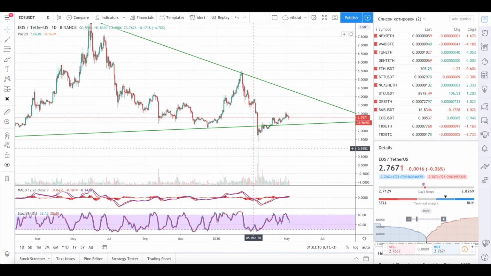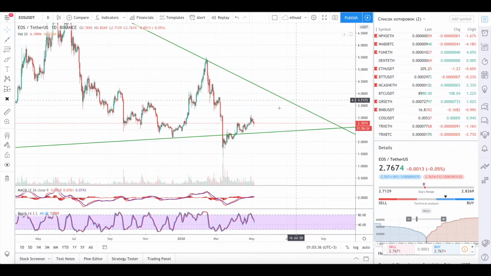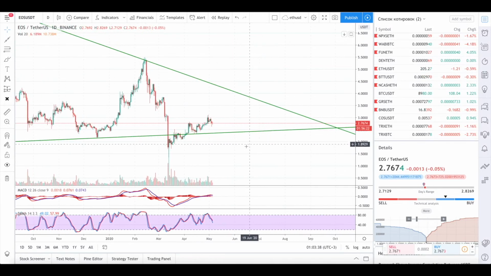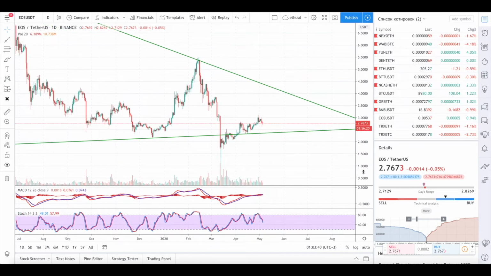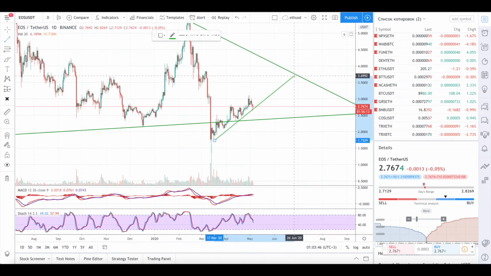The price went out of this triangle, but an impulse occurred and the price returned to the inside of the triangle. The same impulse gave EOS the opportunity to form a local uptrend. We will observe how long it will last.